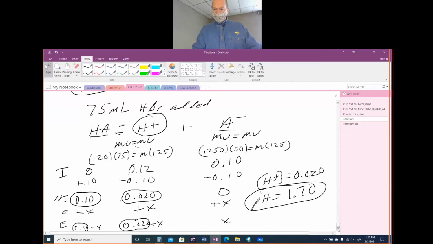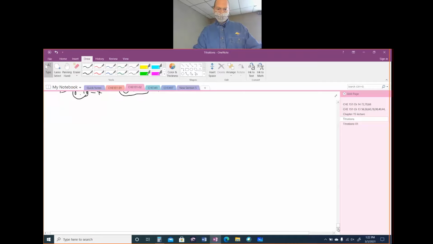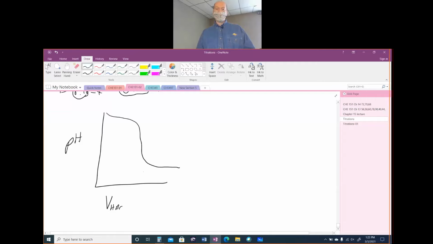All right, and then it says to graph it. I'm not going to remember those numbers. So pH, and this time I'm adding volume of H plus, or you could put HBr, which means that I'm going to start at a high pH, and then I'm going to reach the equilibrium, and then my titration curve is here.